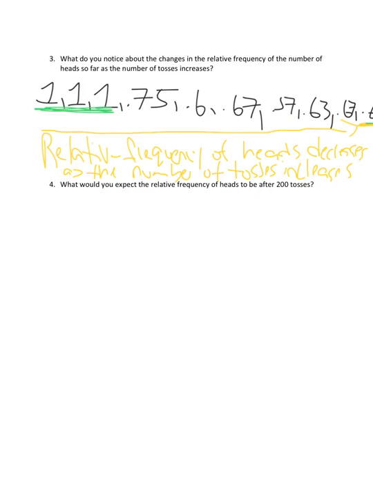Doesn't always happen after 2, 3, 4 tosses because we don't have enough tosses to really allow that theoretical probability to appear, to have the number of tosses even out between heads and tails. But after 200 tosses, I would expect that the relative frequency of heads would be close to tails. In other words, we'd expect both frequency of heads and tails to be around 50%.